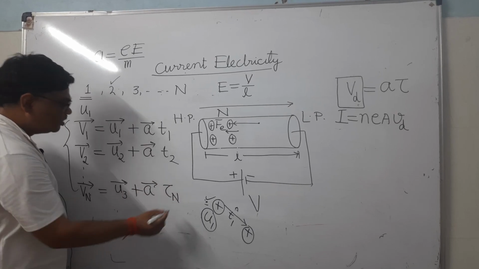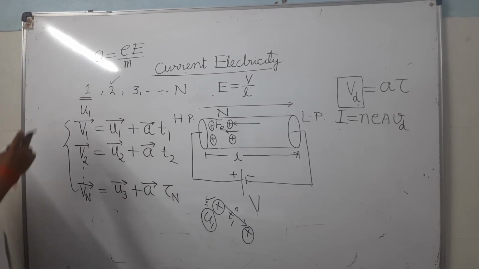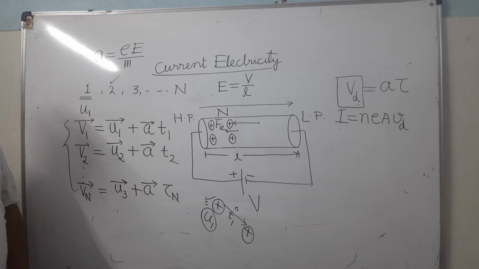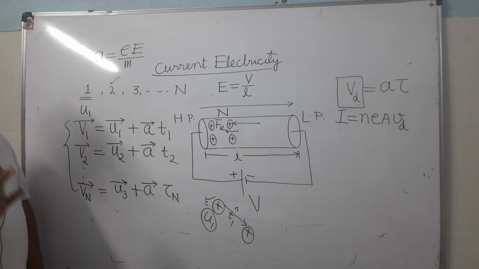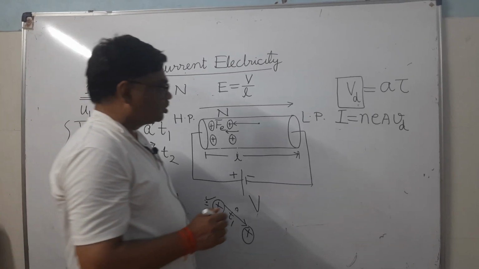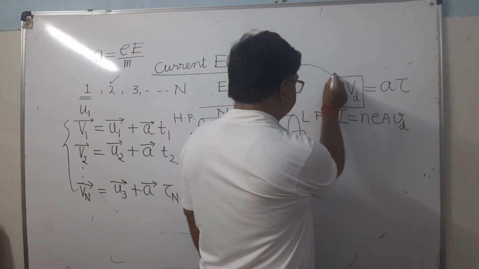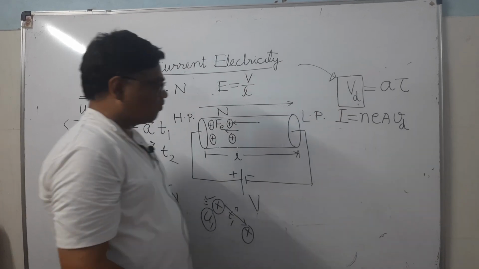So if you find the average velocity of free electrons under the influence of potential difference, and as we already know, the average velocity of free electrons under the influence of potential difference is called drift velocity.